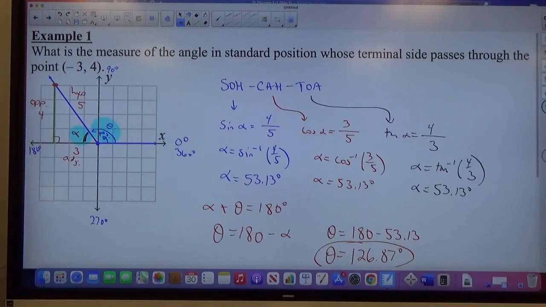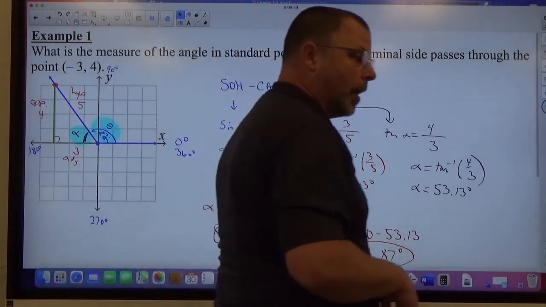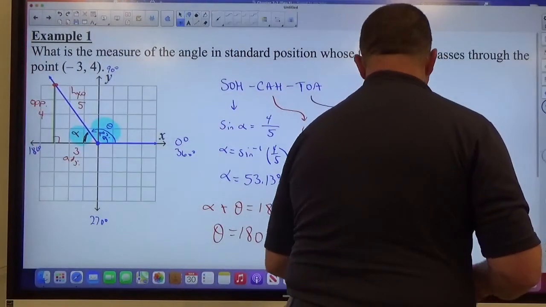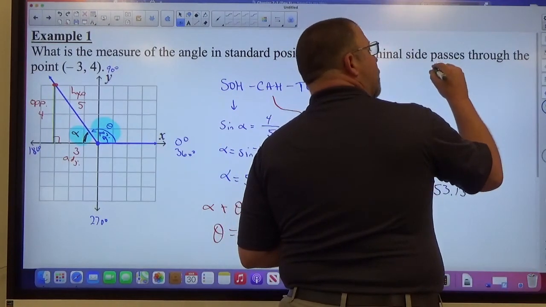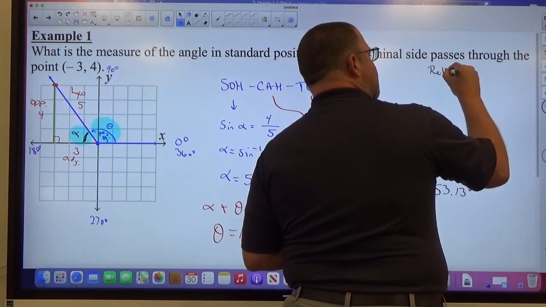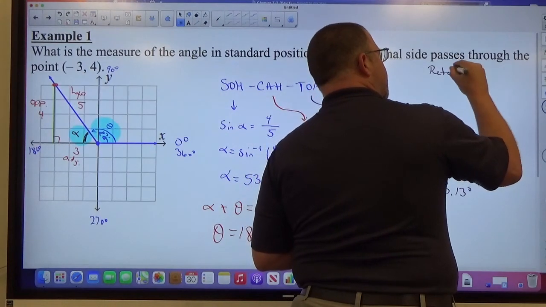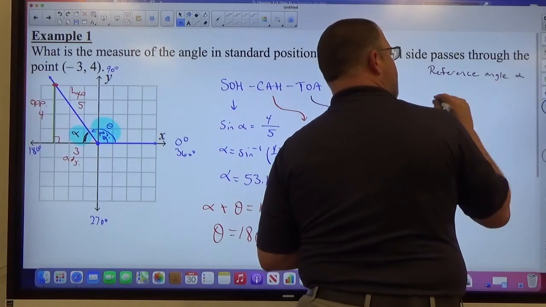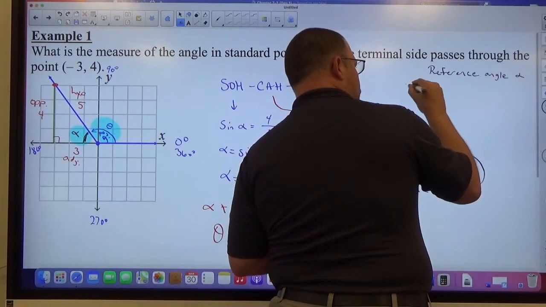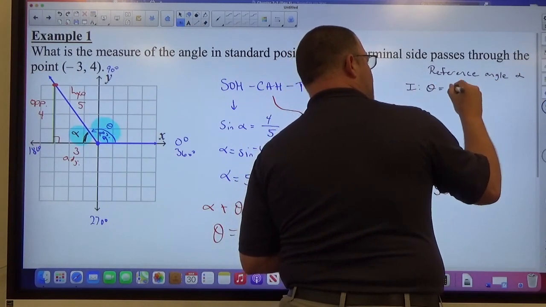Now, for your notes, somewhere in that open space on your paper, I want you to put these 4 facts. If the reference angle is alpha: quadrant 1, theta equals alpha.